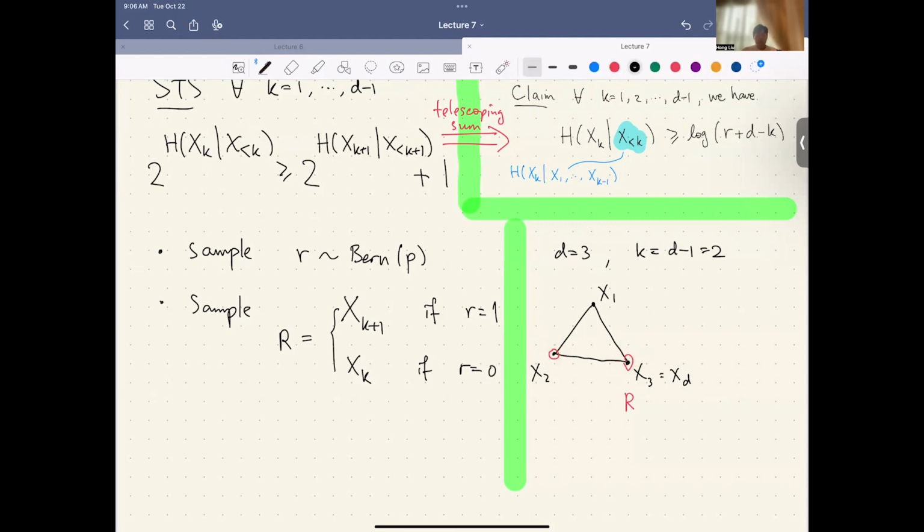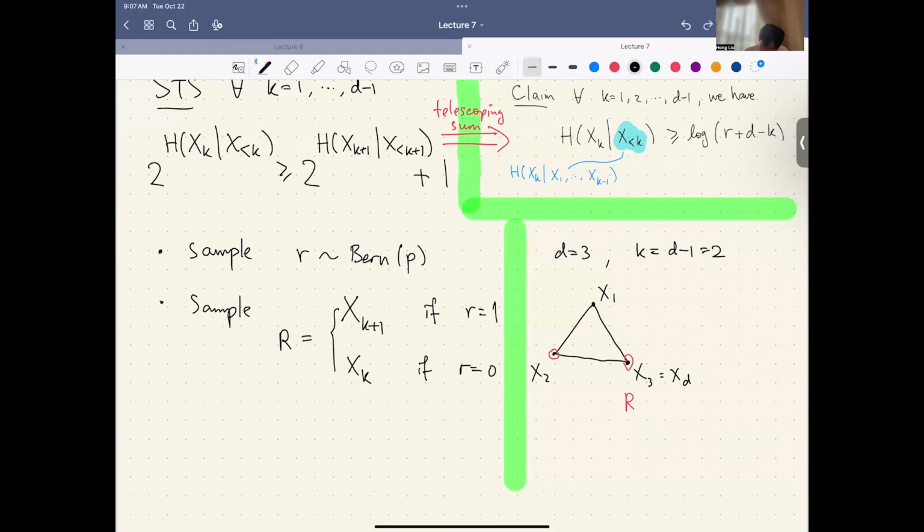Now the key point is that this resampled vertex R has the same conditional distribution as xk plus 1 and xk, conditioning on all the previous vertices x1 to xk minus 1.